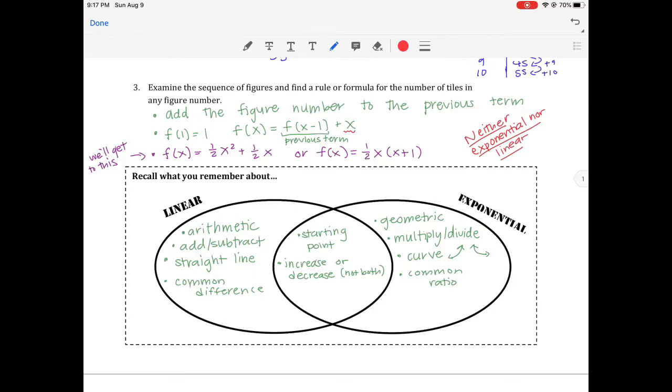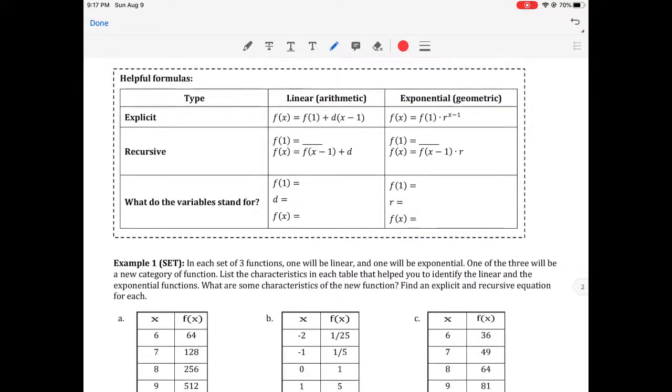With that being said, as you look at your homework tonight, we're going to want to remember some different formulas. Last year you learned about linear or arithmetic and exponential or geometric formulas. I put the explicit ones there to remind you.